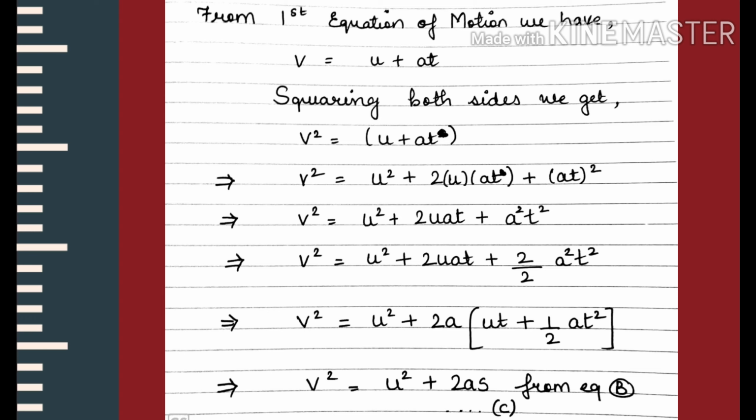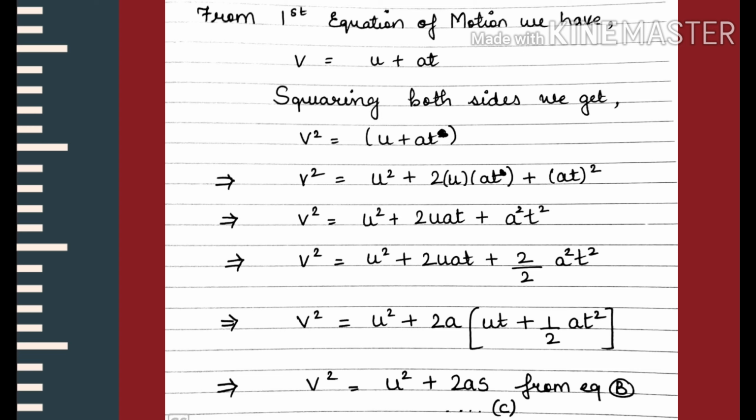So what do we get now? We are now taking 2a common from the last two terms of the above equation. Taking out 2a common, we get u square plus 2a in the bracket. See, 2a is being taken out as common, so what is left is ut, and in the next term 2a is taken as common, so what is left is half at square.